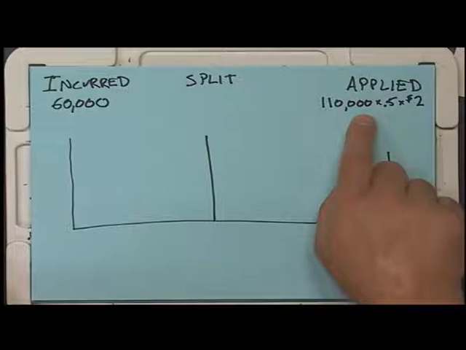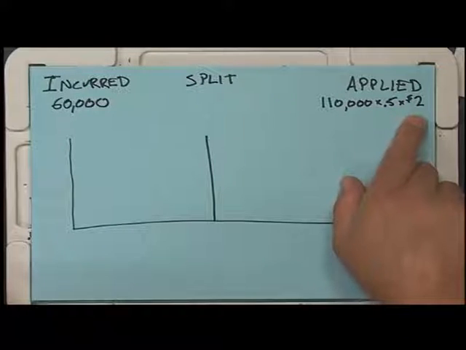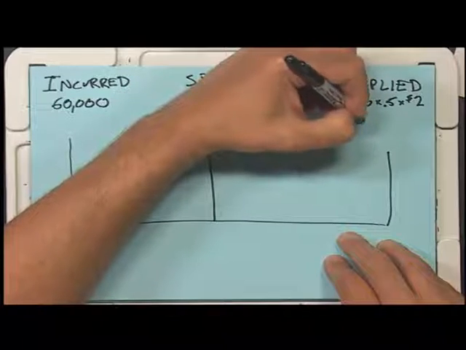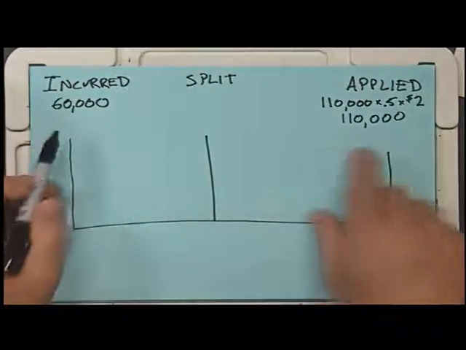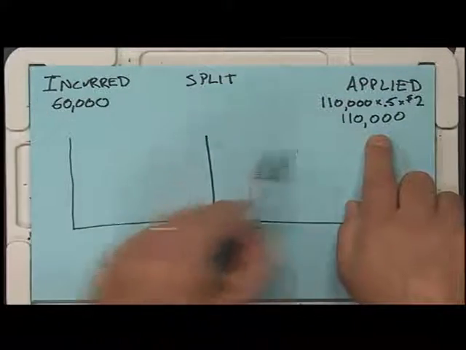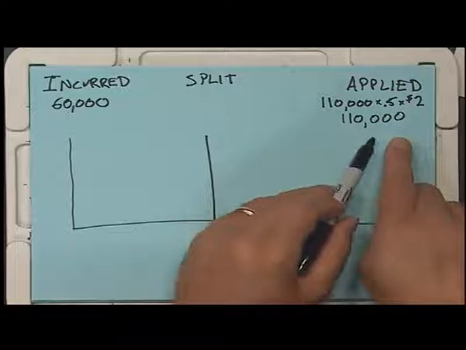So 110,000 times a half times 2 just gets us back to our $110,000. So we've got $50,000 of over-applied overhead.